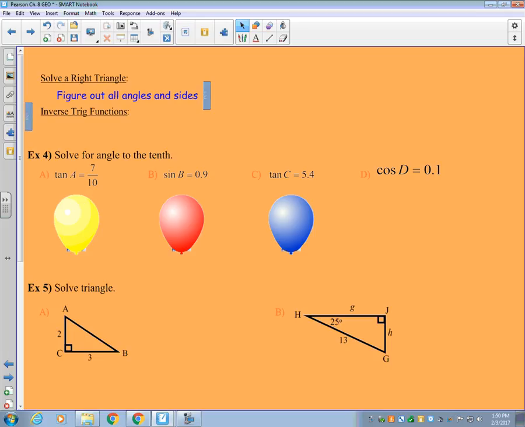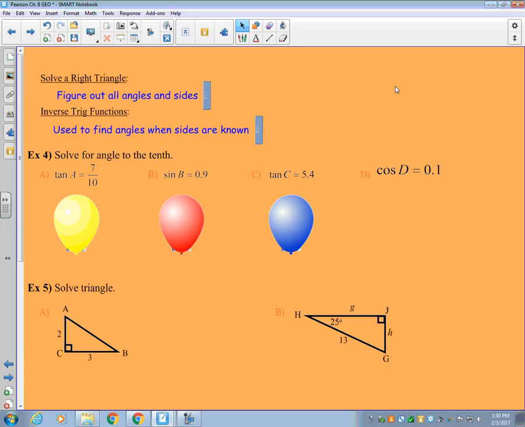Sometimes we are going to have information on the sides and no information aside from the 90-degree angle for our other two angles. When that situation happens, we're going to use inverse trig functions. An inverse trig function is what we're going to use to find angles when the sides are known.